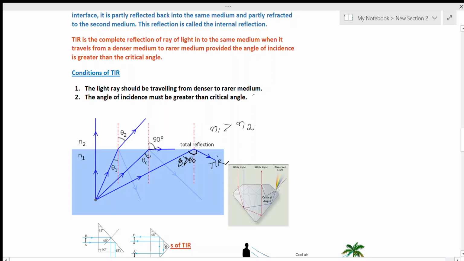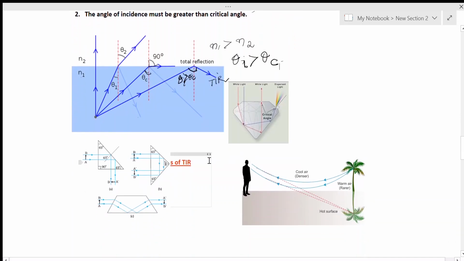So theta I is greater than theta C. Theta C is the critical angle marked in the diagram. So these are the two conditions for total internal reflection.